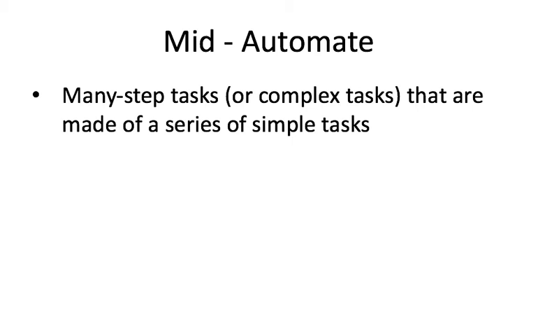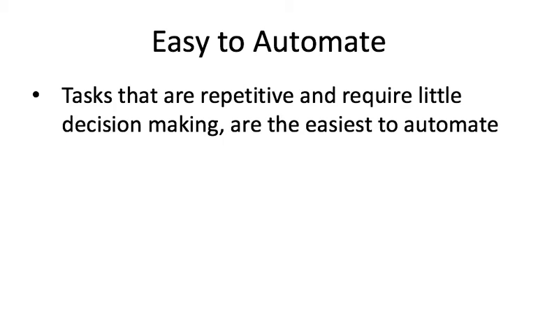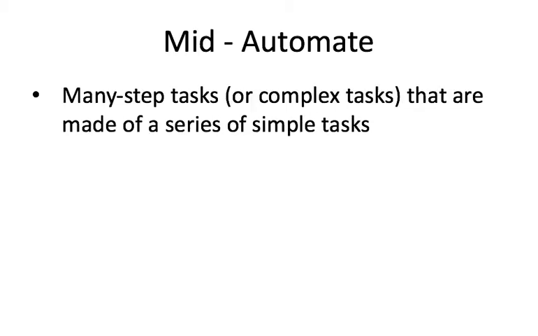In the middle step, after they automate the simple, repetitive tasks that require very little thinking, the next things they move into in automation tend to be many step or complex tasks.